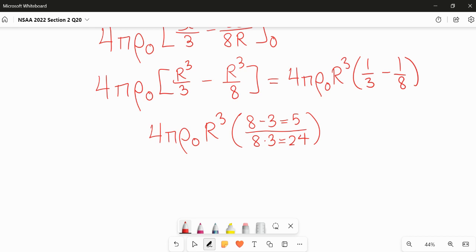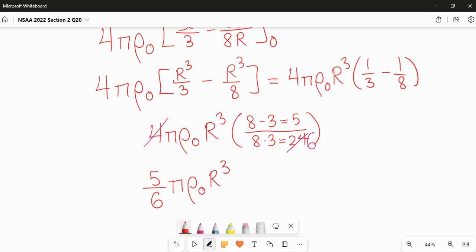So what I recommend is cancelling terms if you can. So I notice a 4 and a 24, which means I could cancel this down to a 1 over 6. Using this, we get 5 over 6 pi rho naught r cubed.